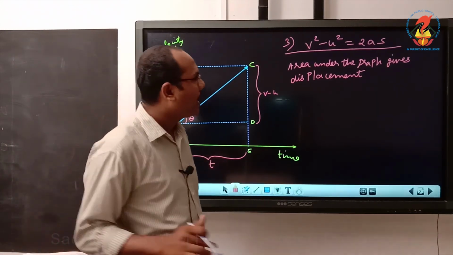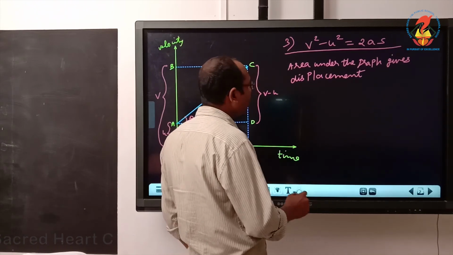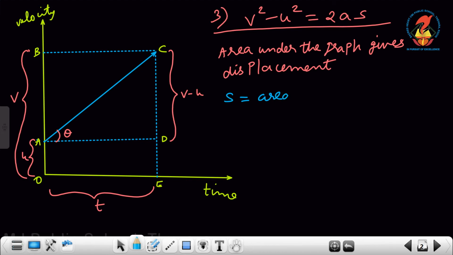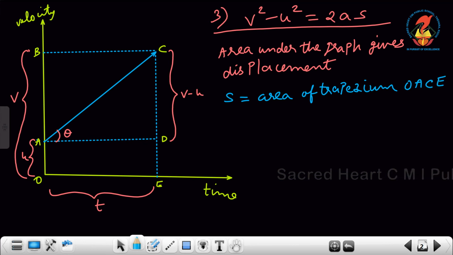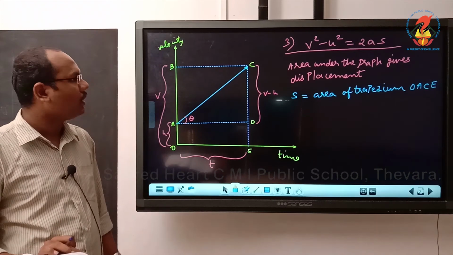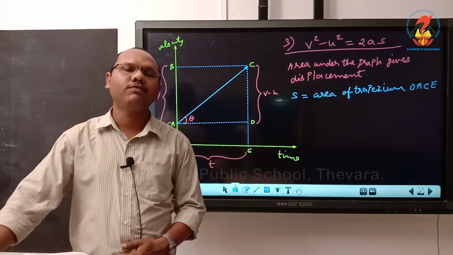So I am taking the area of the trapezium directly. S is equal to area of trapezium OACE. Now, what is the equation for area of the trapezium?